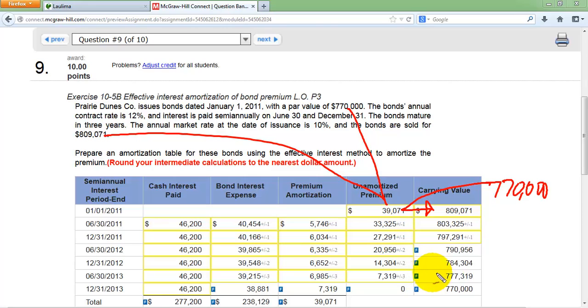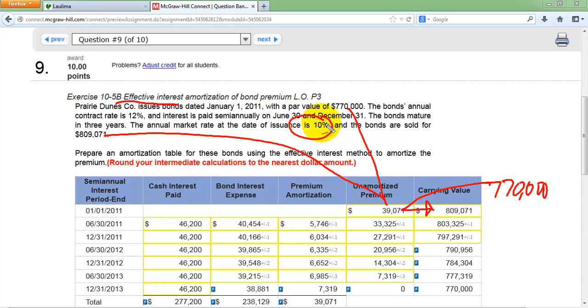And here you can see eventually the carrying value is going to equal the par value upon the maturity date. Now, the way we reduce this premium account is not divided by the 6 payments here like we saw for the straight line method, but we're using again the effective interest method using this 10% market rate.